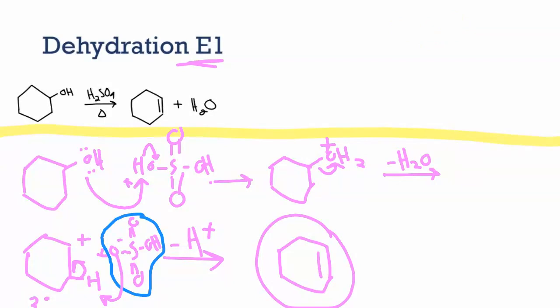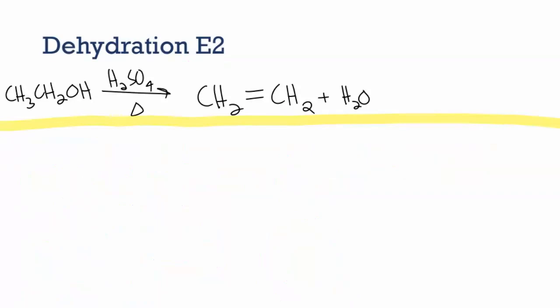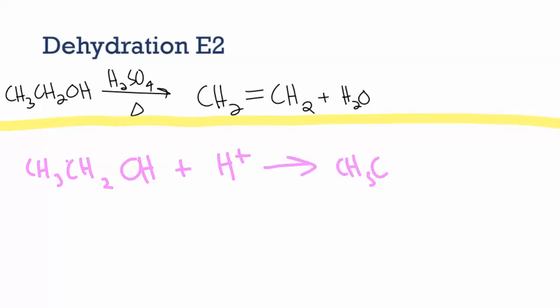You all right? Okay. Okay, E2. The same thing. We need to protonate first. I'm just going to do it the other way because I don't remember how to do the other way right now, and I don't want to confuse you.